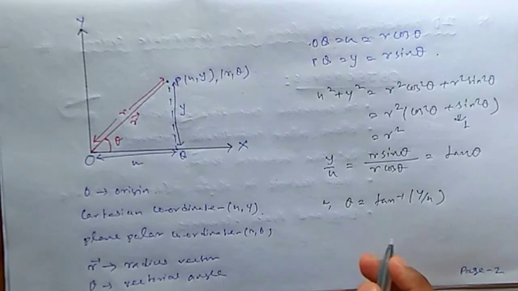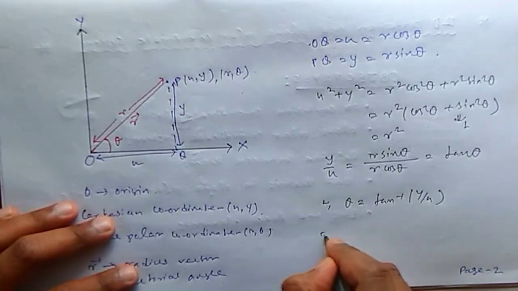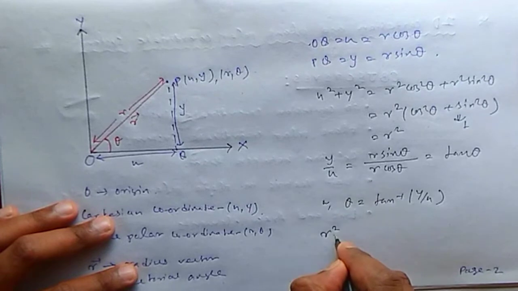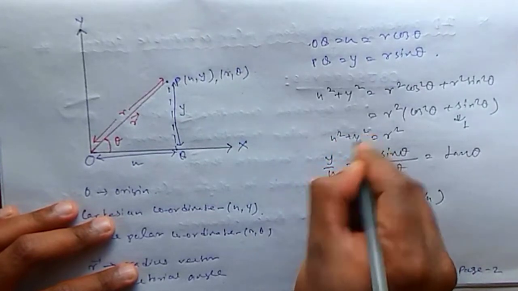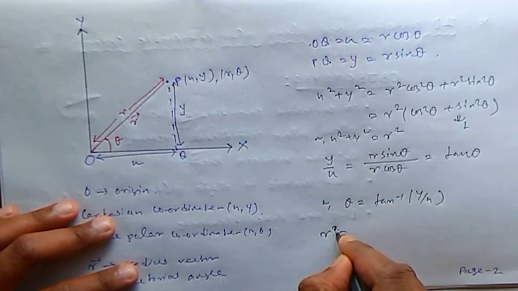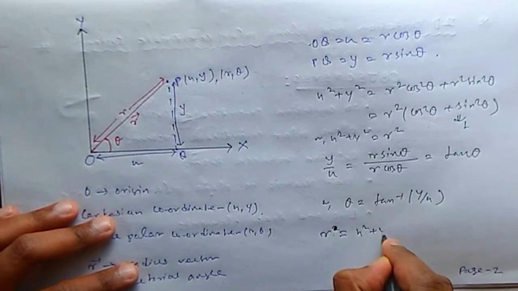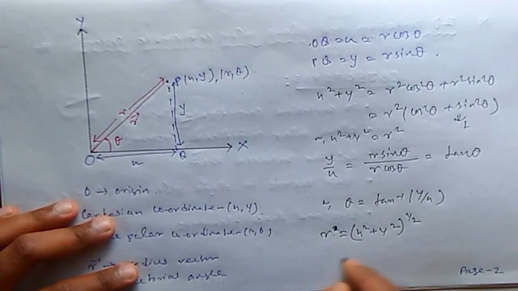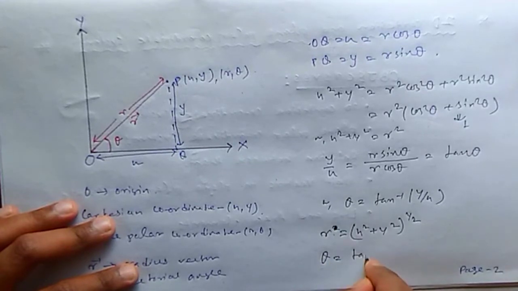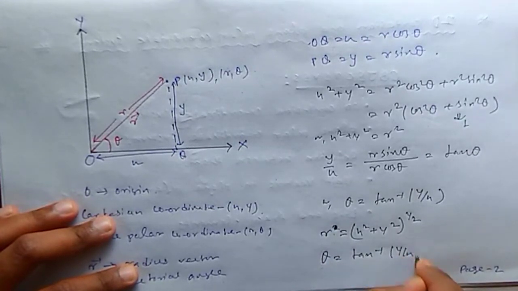So we see two relations: r square is equal to x square plus y square, so r is equal to x square plus y square whole to the power half, and theta is equal to tan inverse y by x.